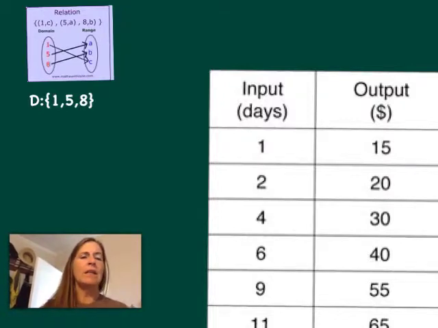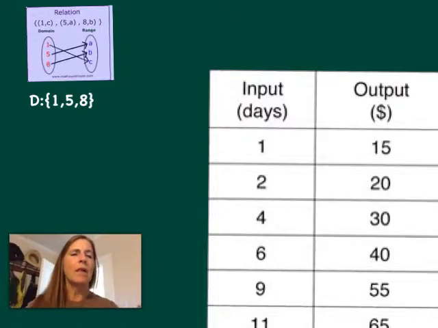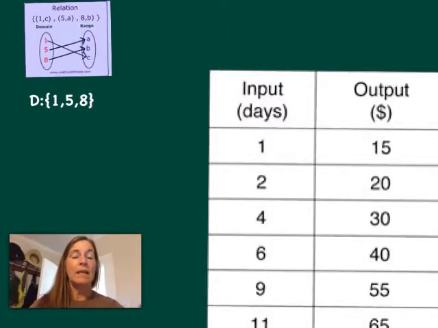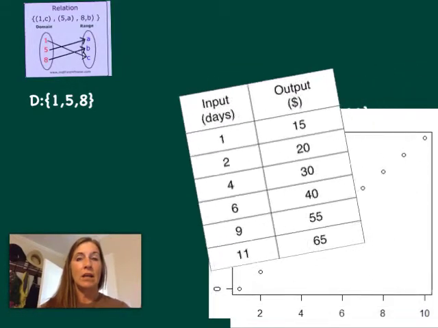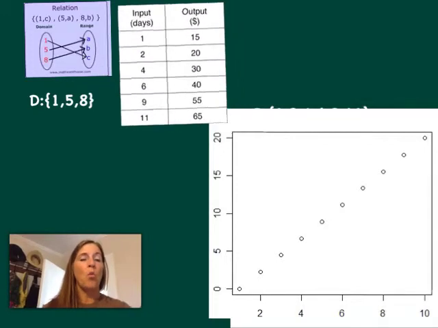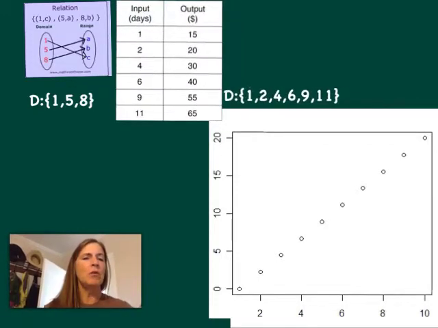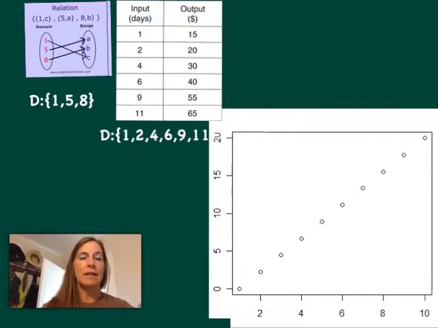On the table, the domain is the input list. So over here it is written D colon 1, 2, 4, 6, 9, and 11.